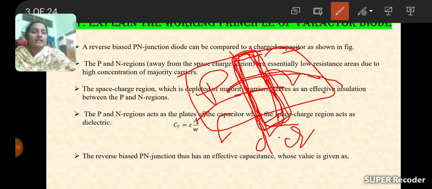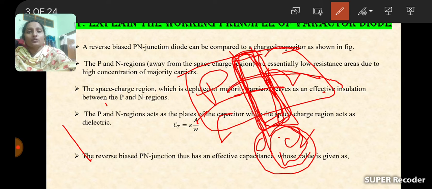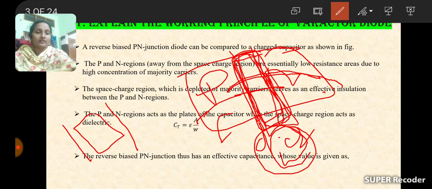So it simply acts like the dielectric medium of a capacitor. Why? Because a capacitor has two plates separated by a dielectric medium, that is air.